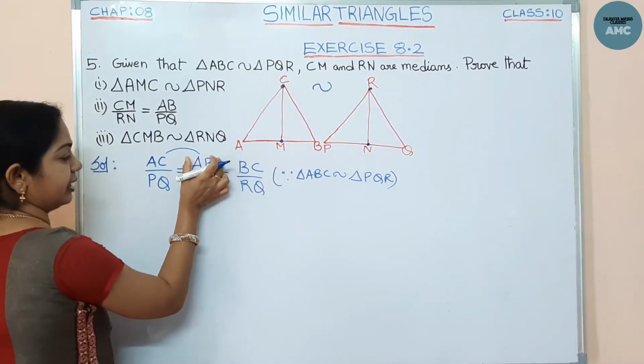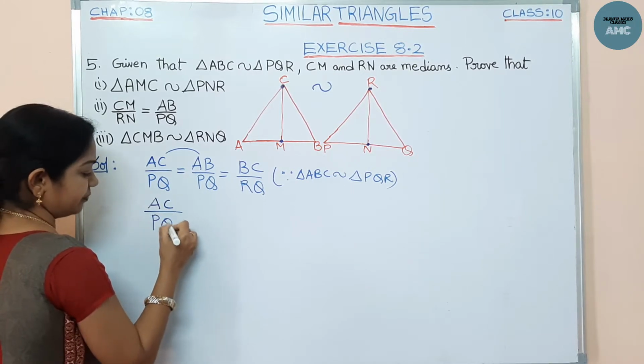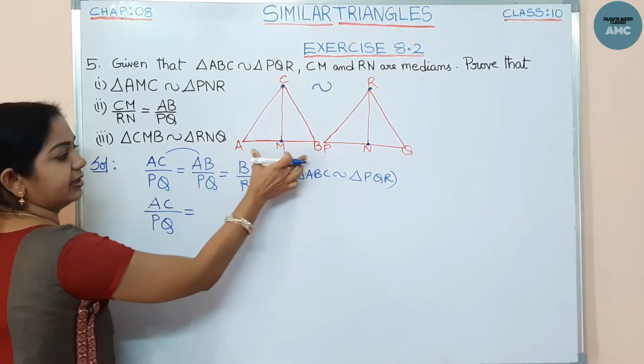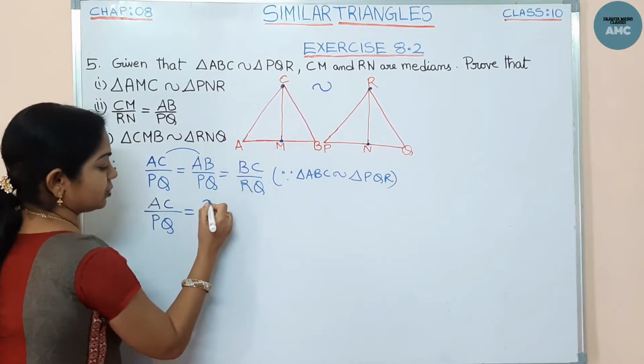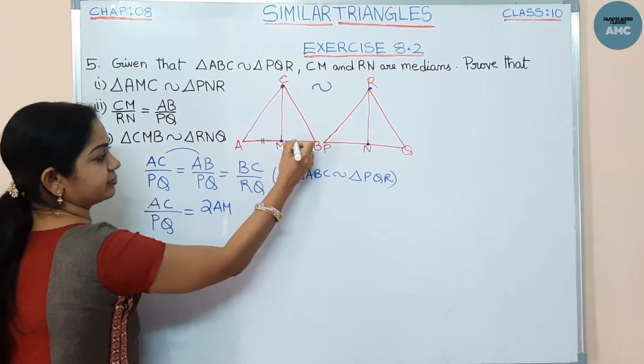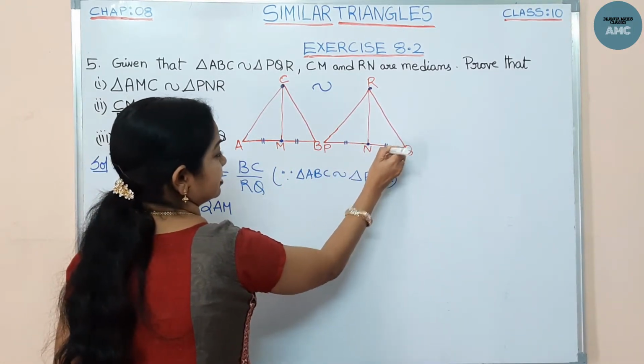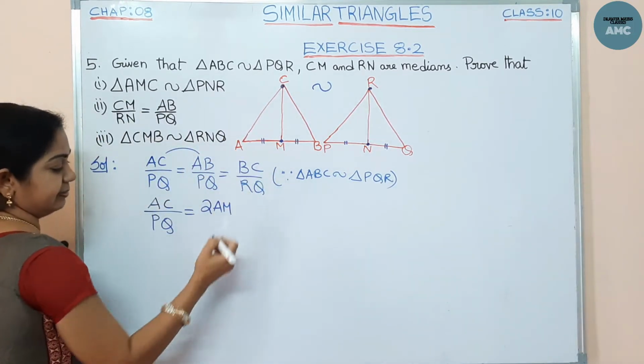Now, in AC by PQ, I'll replace AB here. AB is twice AM, I'll write, because these two are equal. Even these two are equal, since this is the midpoint and that is the median.